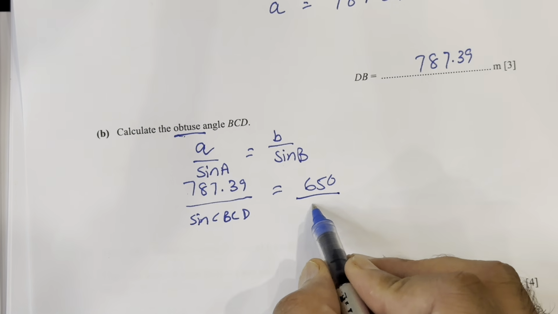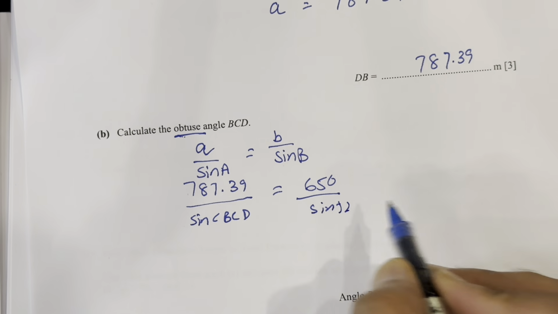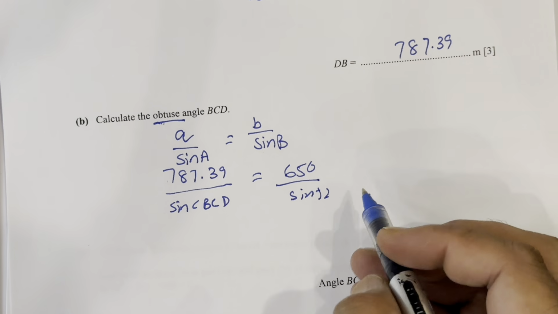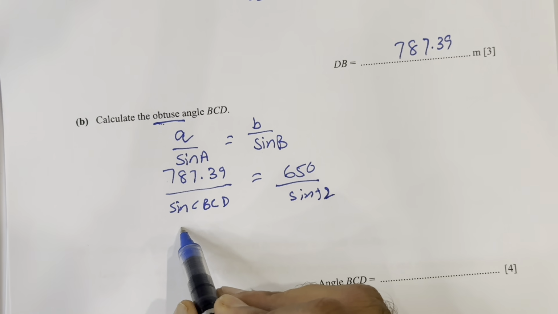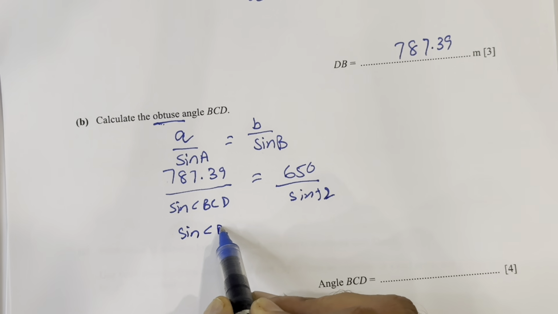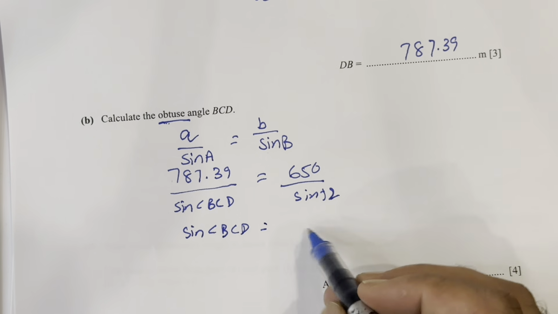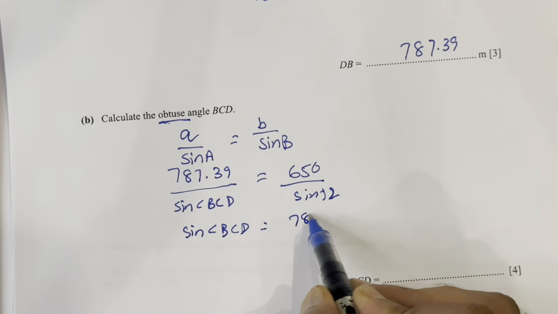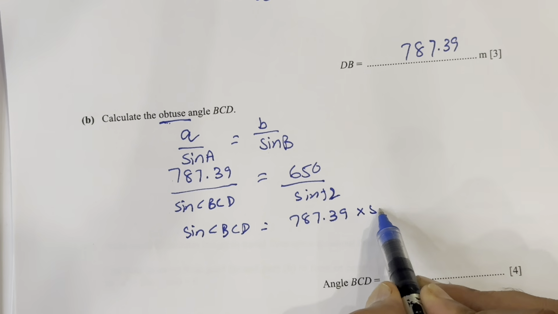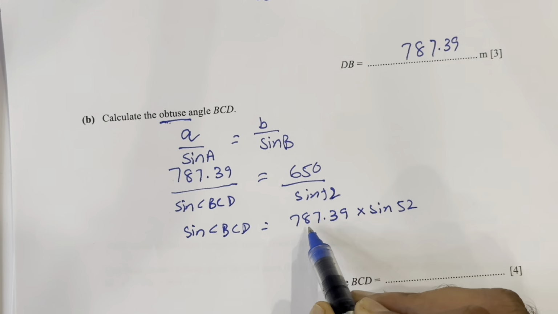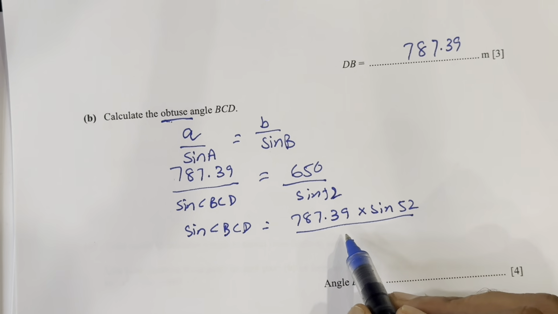So sine 52. By cross multiplying and solving it, it would be like that: 787.39 multiplied by sine 52, divided by 650.